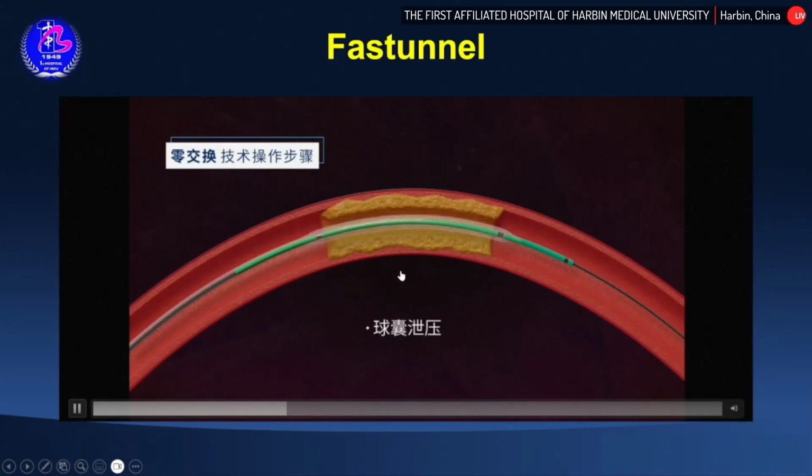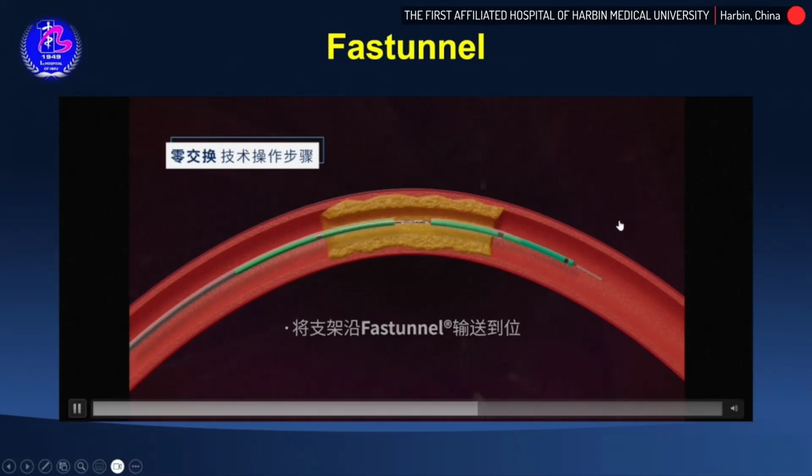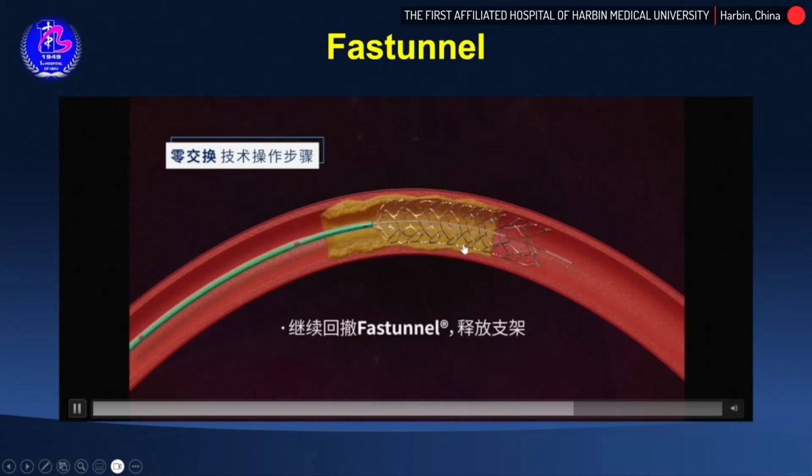And after that, we can use the balloon catheter to dilate a stent. We can reduce the number of exchanges to reduce the wire puncture risk. Just like the movie, we retreat and deploy the stent.